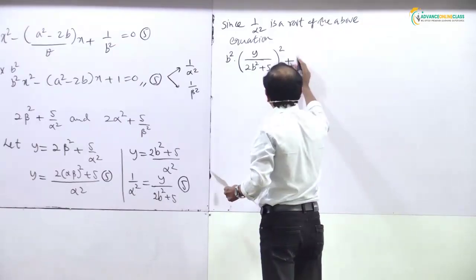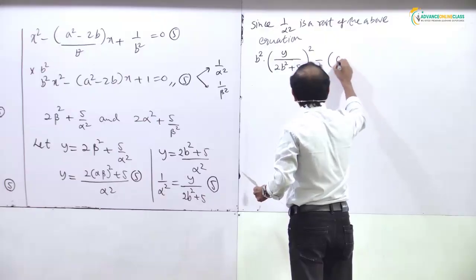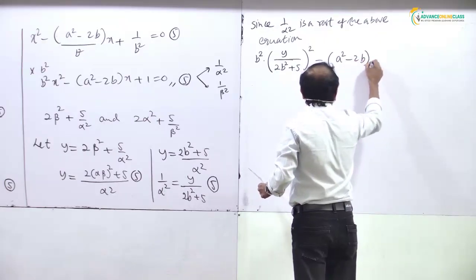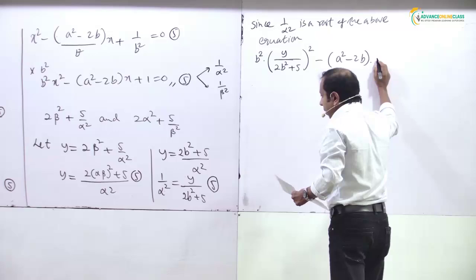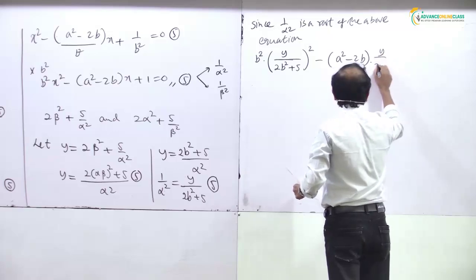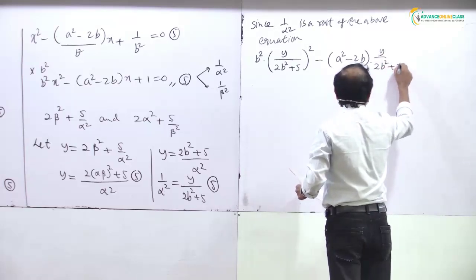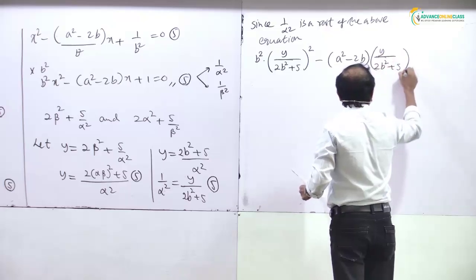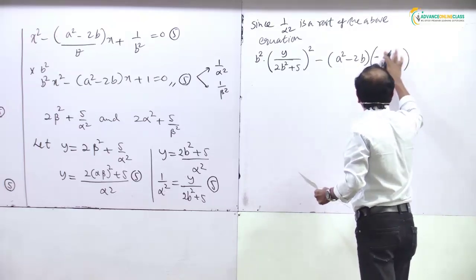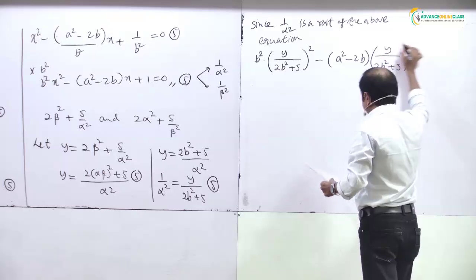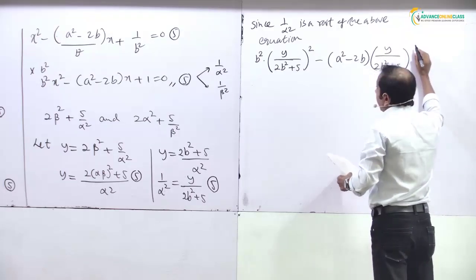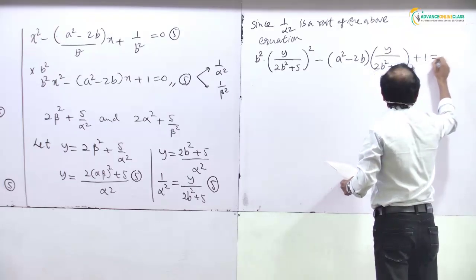Minus a squared minus 2b times y over 2b squared plus 5, and plus 1 equals 0.